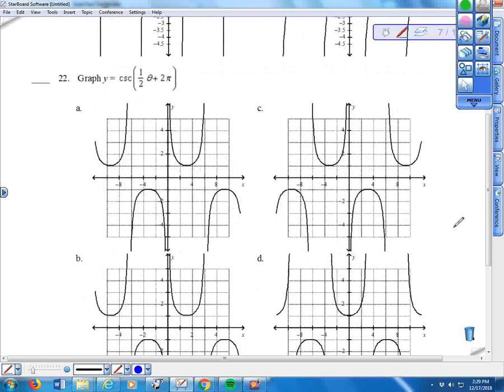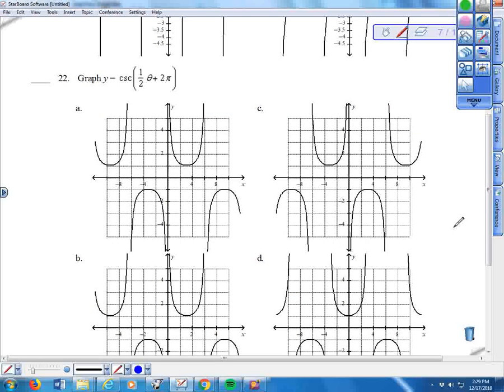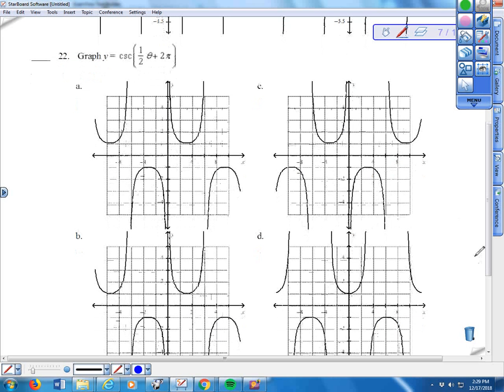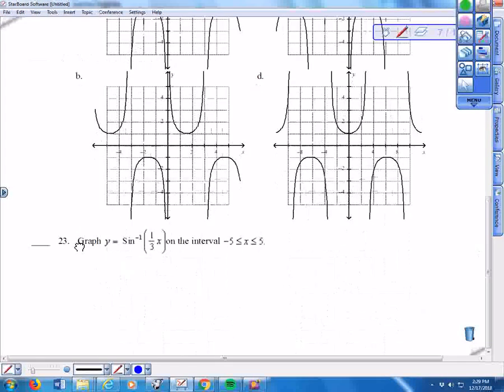Cosecant is going to be the one that goes along with sine. This one then is going to have a period of 2 pi, 4 pi, which is going to lengthen it. It doesn't give me any numbers on this one.